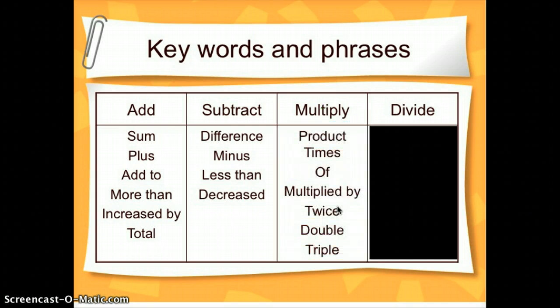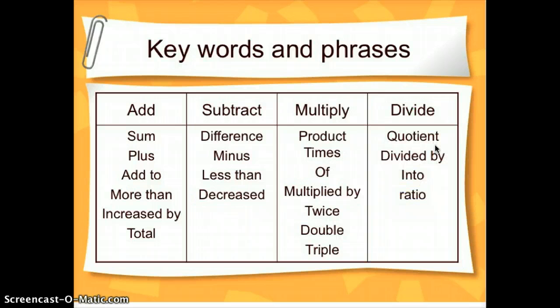Product, times, of. Of is a key one, like 30% of 25. Multiplied by, twice, double, triple. Those all mean you need to multiply. And last, if you see the words quotient, divided by, into, or ratio, it's probably good to divide.